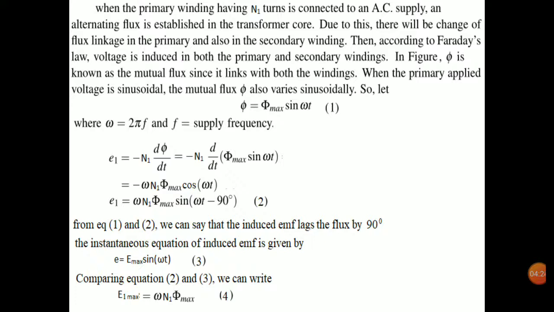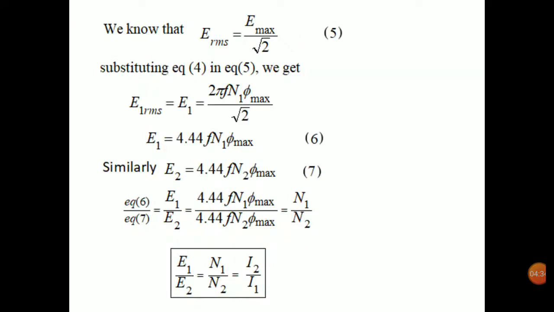We got this by comparing the coefficients of sin omega t in equation number 2 and equation number 3. Also we know that in the second module, in AC fundamentals for single phase circuits, we have derived that the RMS value is equal to the maximum value by root 2.